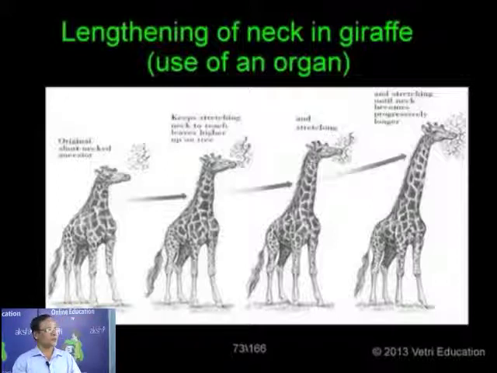So according to Lamarck, the organs have been increasing steadily in order to meet the needs. But the same thing has been approached differently by Darwin.